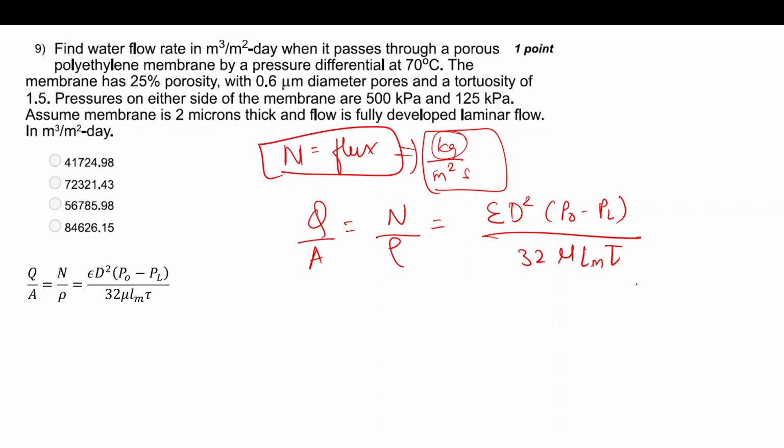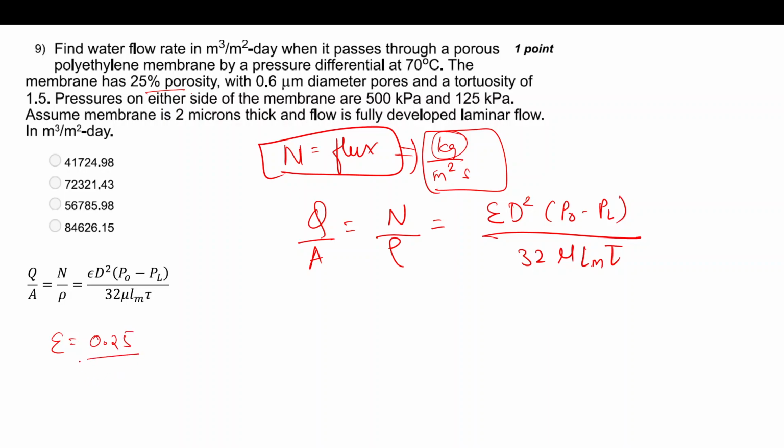Now, if you look at the values required and the question, you have almost all the values. Here epsilon is the porosity. Porosity is given as 25%, which means it is 0.25. You do not need to use percentage.